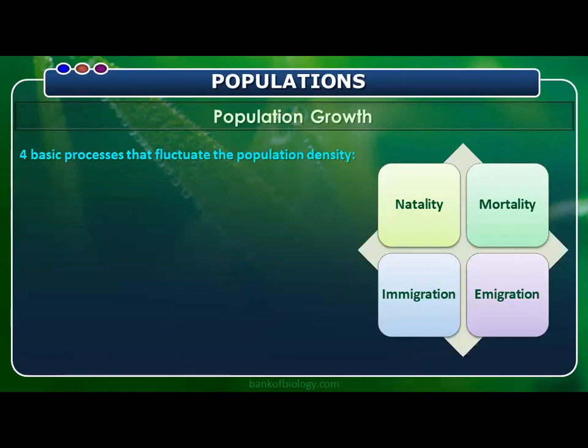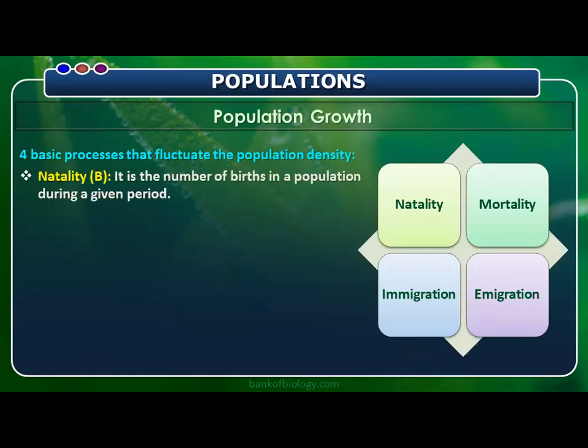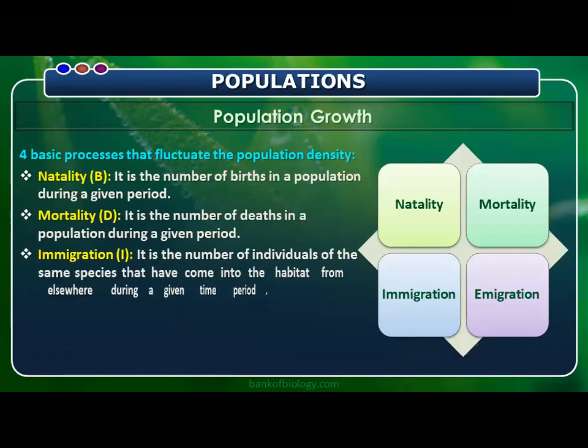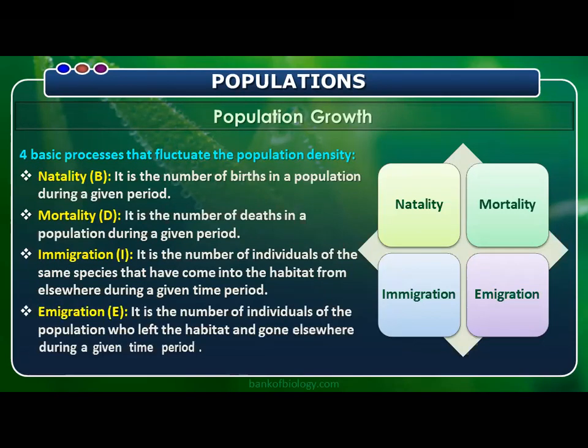A little bit of focus here will help us answer a simple question in the NEET examination. Natality, birth rate: the number of births in a population during a given period. Mortality, the death rate: the number of deaths in a population during a given period. Immigration: the number of individuals of the same species that have come into the habitat from elsewhere during a given time period. Emigration: the number of individuals of the population who left the habitat and gone elsewhere during a given time period.